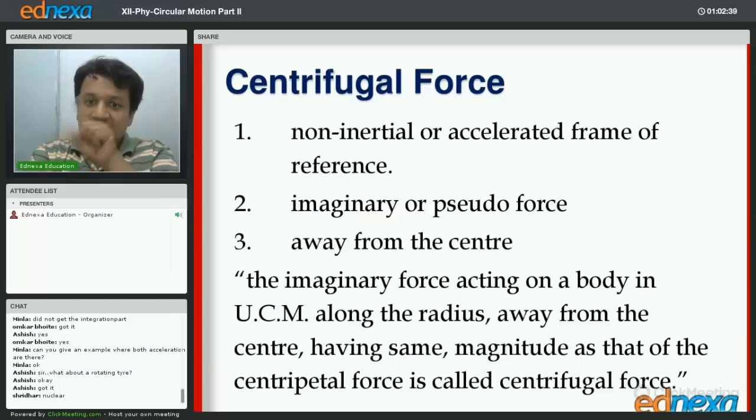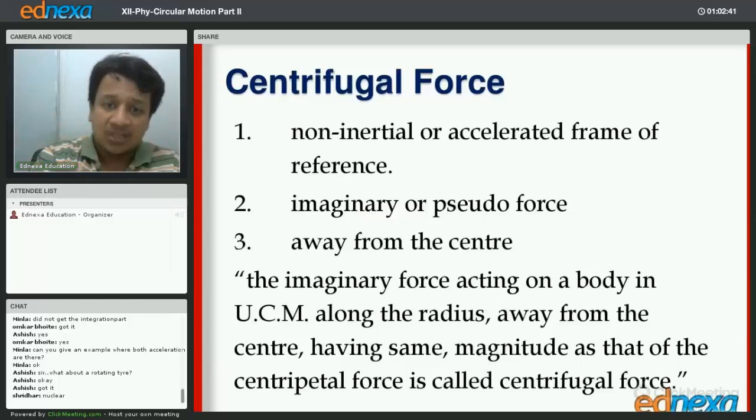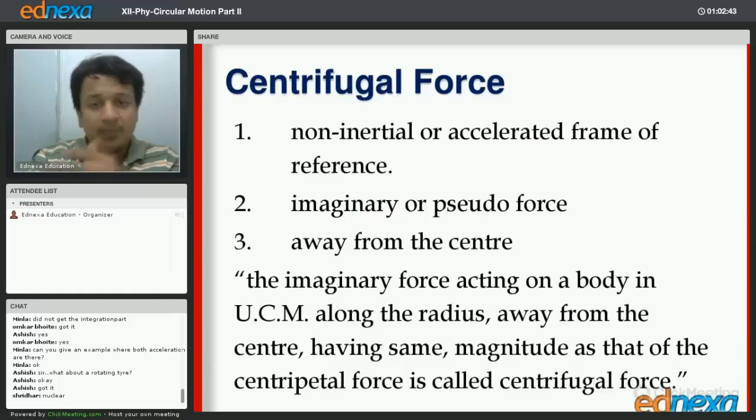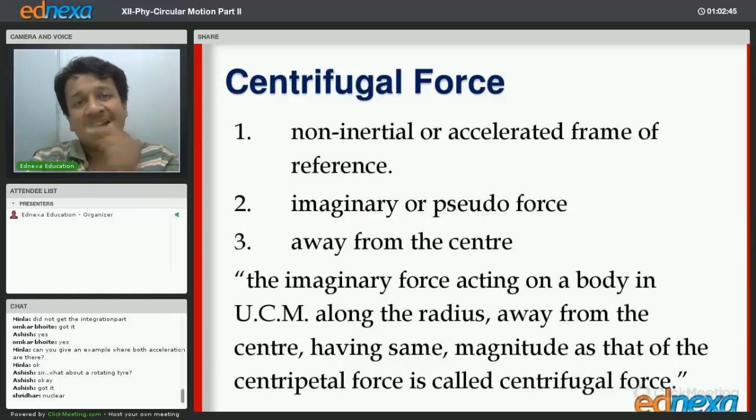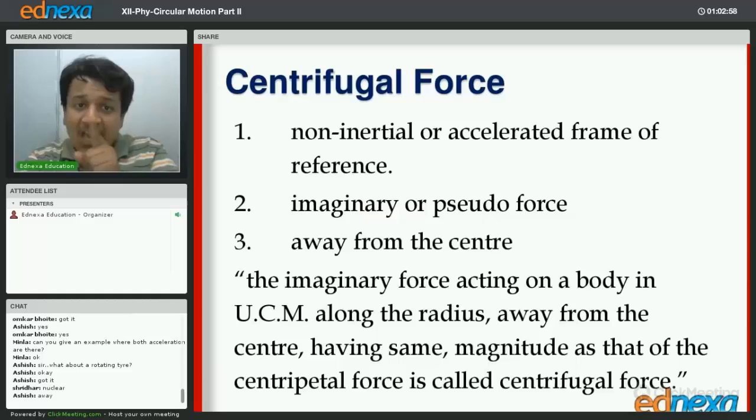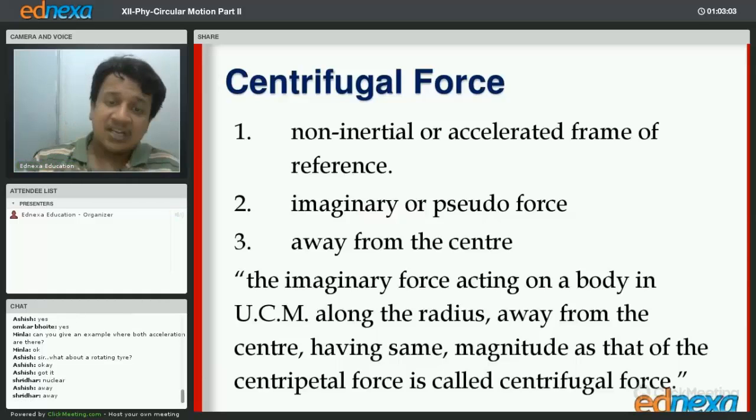Centripetal is action, centrifugal is reaction. Obviously, centripetal force will act towards the center. Is it right? In which direction will centrifugal force act? Centrifugal force will act away from the center.